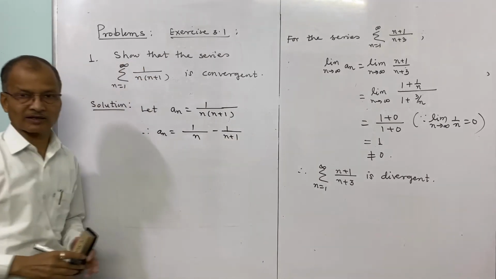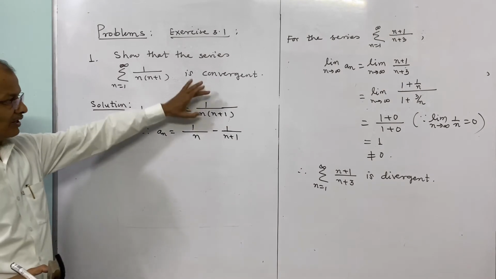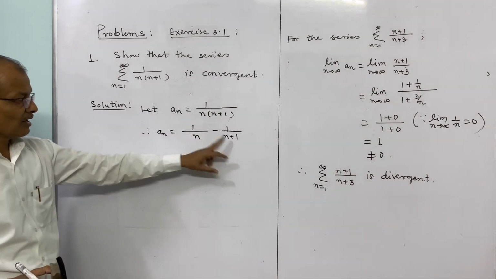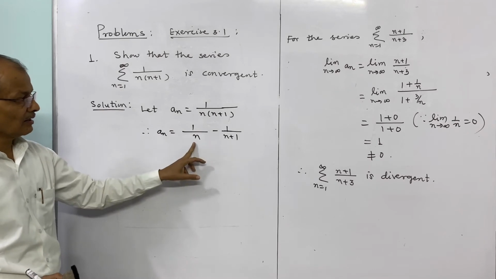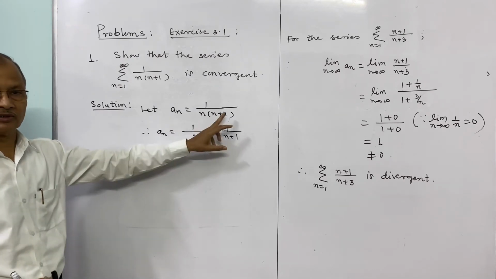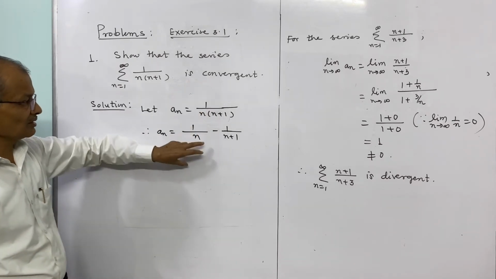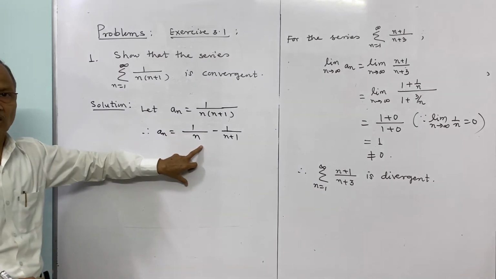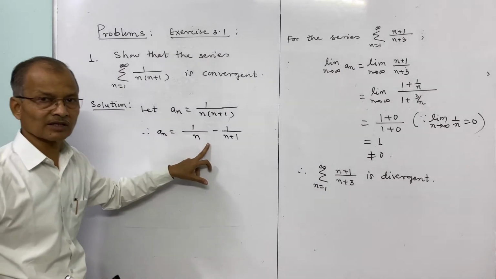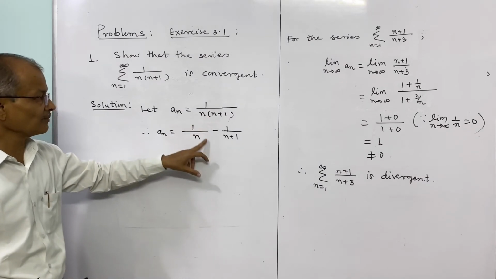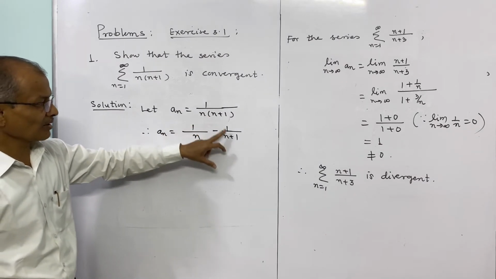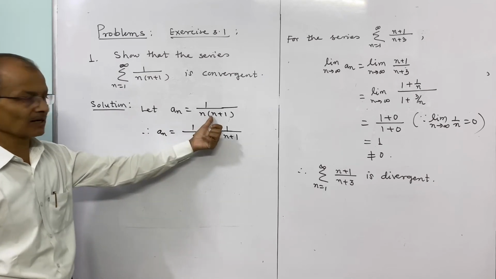You can verify: if you subtract, n plus 1 minus n is 1, and the denominator is the product of these two. So this expression is written in an equivalent form; in other words, these are partial fractions of this simple term. The difference is exactly this one.